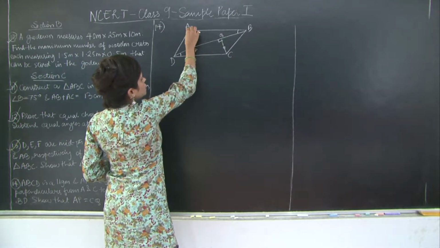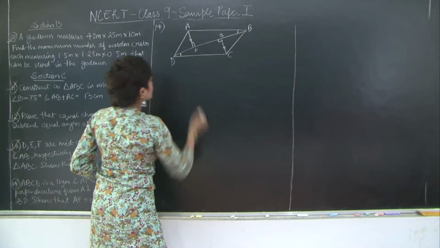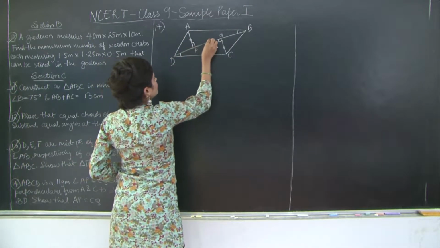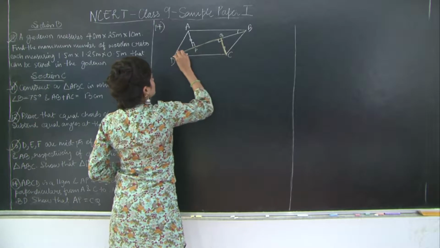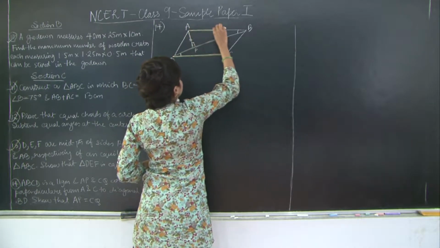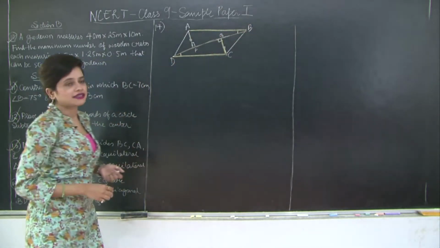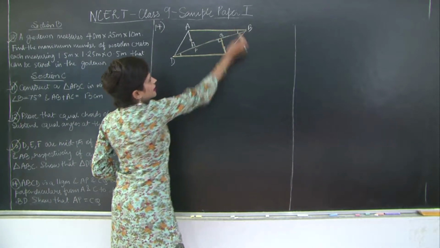Now if I take into consideration this triangle out here and this triangle out here, let me just mark it for you. So I have this triangle and this triangle. What do I get? I have this angle and this angle equal.